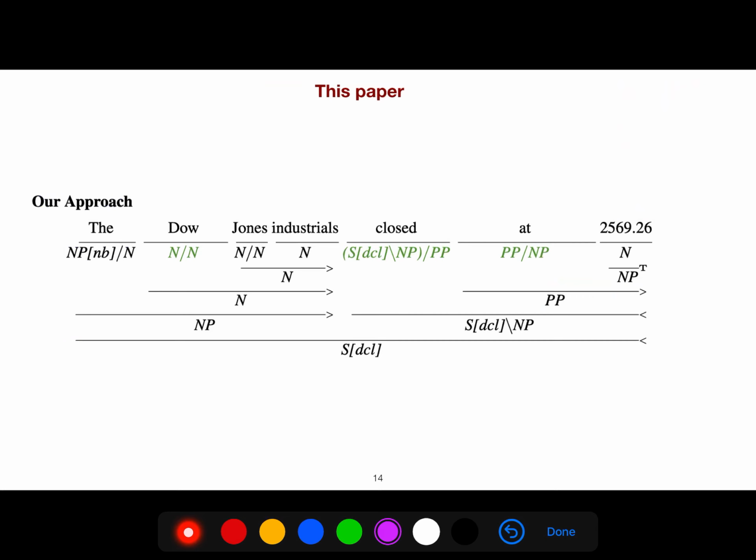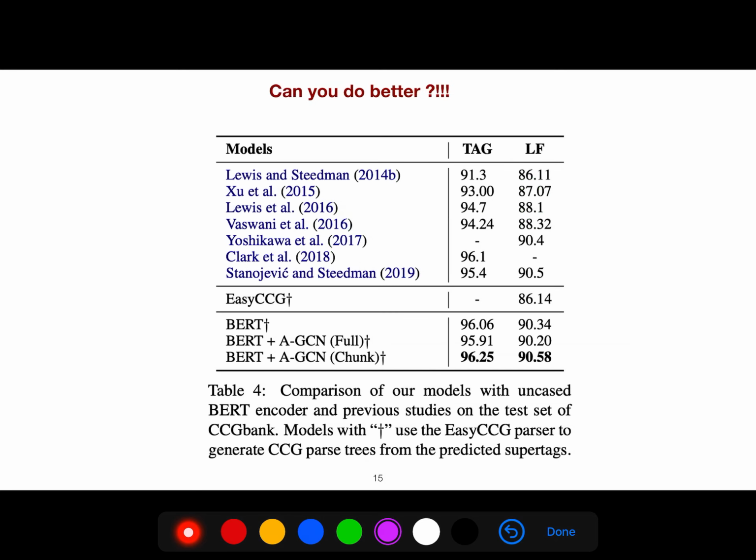For example, the maximum could be this, and the other maximum could be this at another token. So we take the maximum, and can you do better? All of them are more than 91%, so it's quite good. For this paper that is using attention and graph convolutional neural networks, it's getting more than 90%, so it's good.